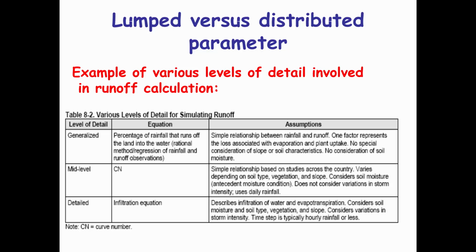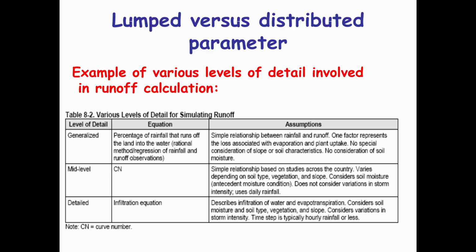For the generalized case, we might just have a ratio of the amount of rain that is converted to runoff. There was a method in hydrology called the phi index method, where you assign for a watershed what fraction of rainfall becomes runoff. So if the phi value is equal to 0.2, then for the watershed as a whole, 20% of rainfall that falls on the watershed would become runoff.